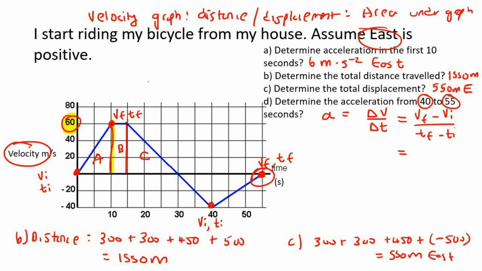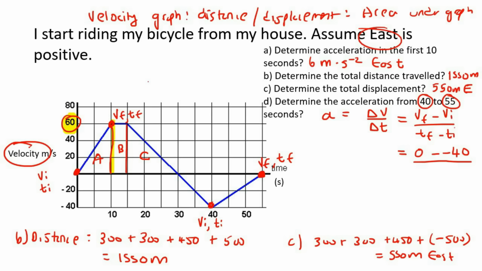So the final velocity is 0, if you read off the velocity there. Your initial velocity is over here, but remember that you mustn't look at that 40, that's the time. You got to look on the velocity axis, and so that's negative 40. You see there, it's in line with that, so it's negative 40. So you're going to put negative 40 here. So you see you have two negatives next to each other there.